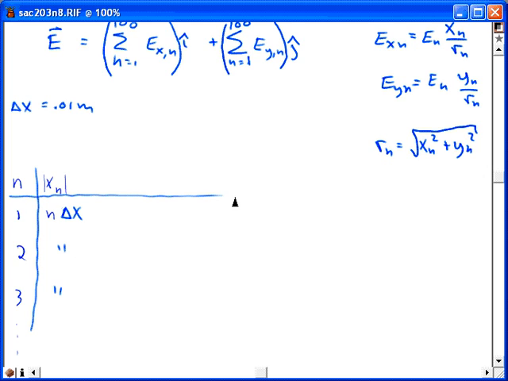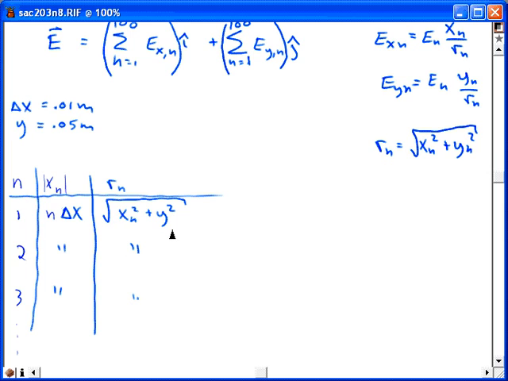So I'm going to need r sub n. And to get that, I'll need y, which is 0.05 meters. So r sub n is just the square root of x sub n, think of it as magnitude squared if you wish, plus the y squared.